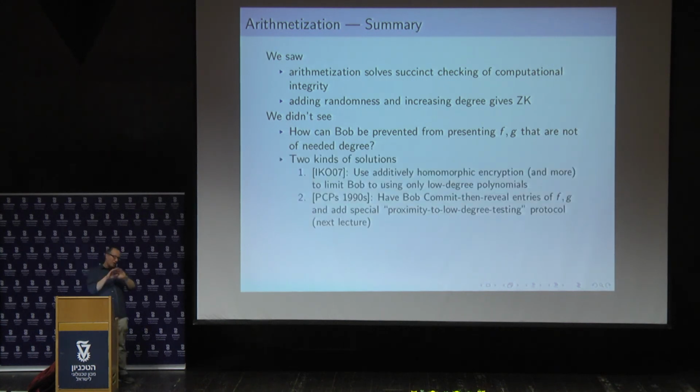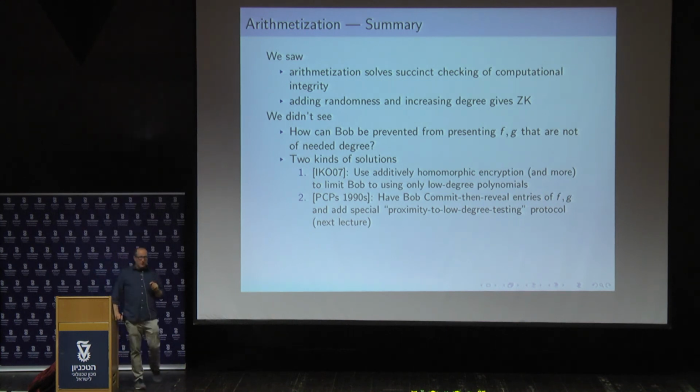And very roughly, and very informally speaking, there are two kinds of main solutions. One, pioneered by Yuval Ishai, Eyal Kushilevitz, and Rafail Ostrovsky, says, well, let's throw in some heavyweight cryptography in order to achieve two things at the same time. This cryptography will allow Bob to evaluate any polynomial of degree D, but only polynomials of degree D, and he will evaluate them at a point x naught that is unknown to him.